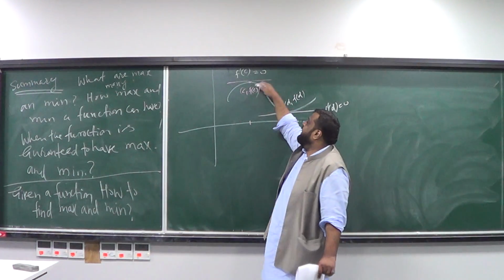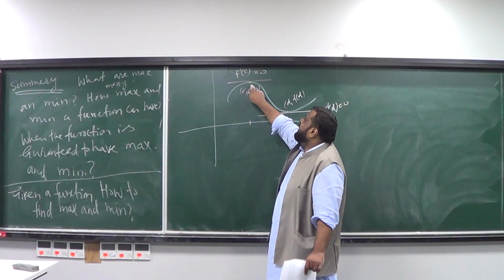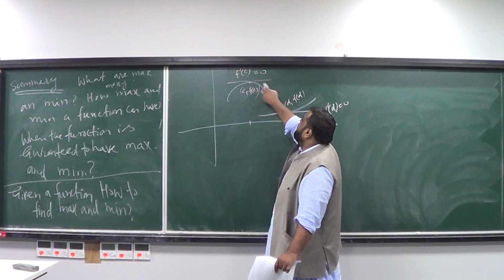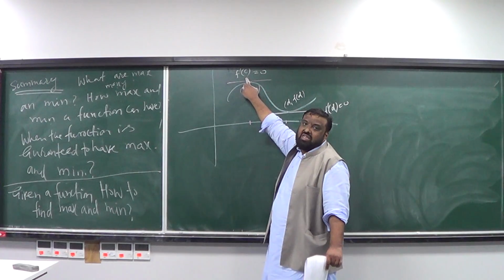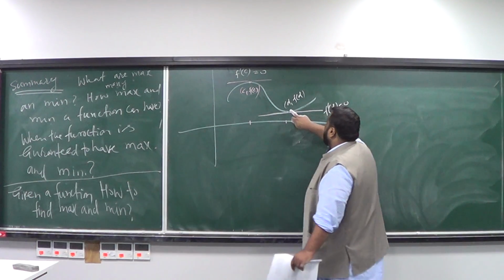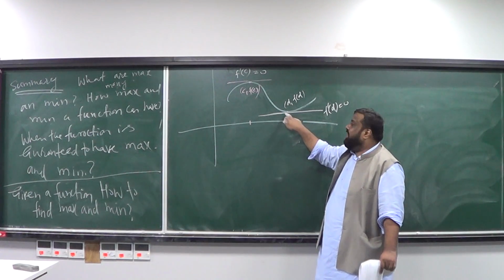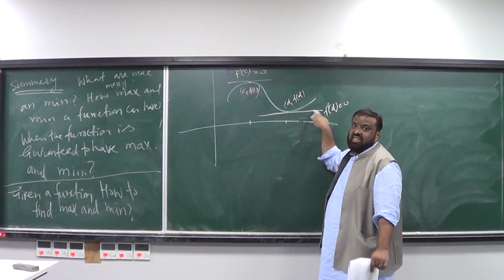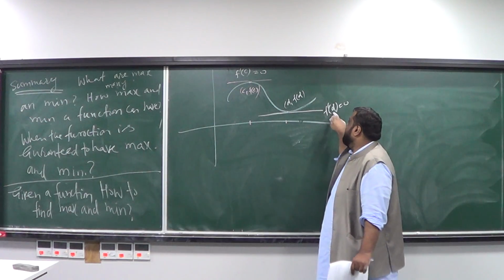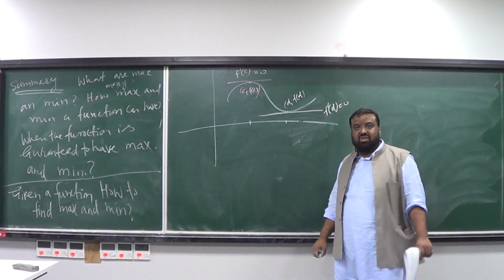If you have an extreme point, a maximum point, draw the tangent line at that point, the derivative is 0. Draw the tangent line at a minimum point. What is the slope of this tangent line? The slope is 0. In other words, the derivative is 0.